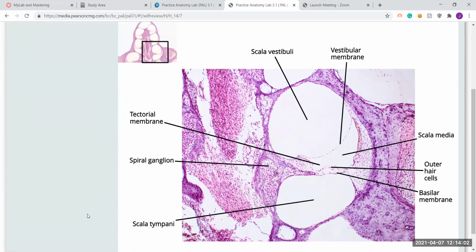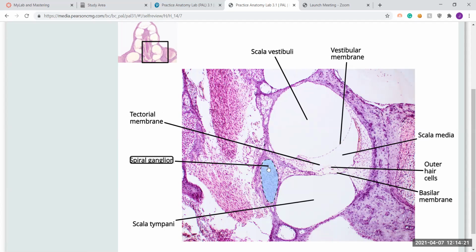If we focus on one section of the cochlea, you can understand all other sections. So scala vestibuli, vestibular membrane, scala media, outer hair cells, basilar membrane, tectorial membrane.